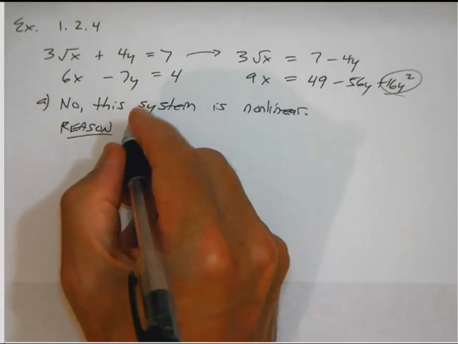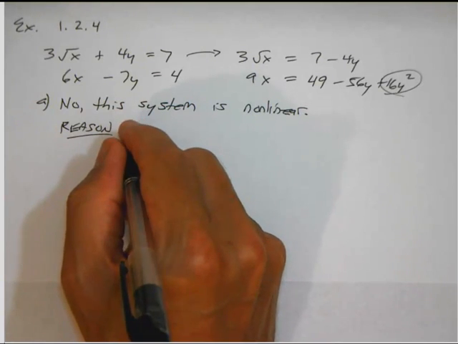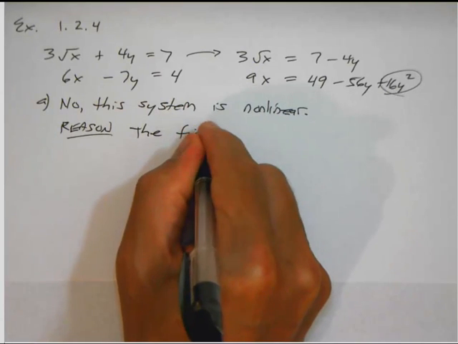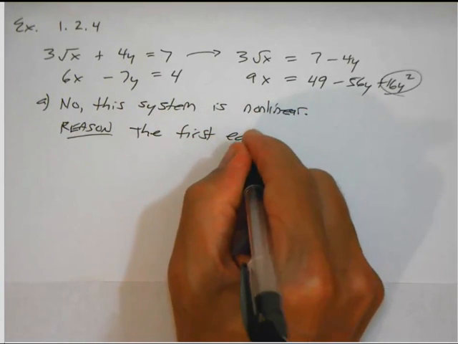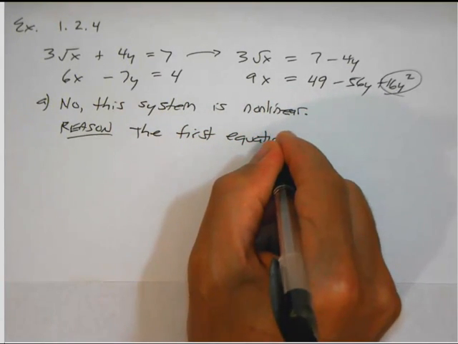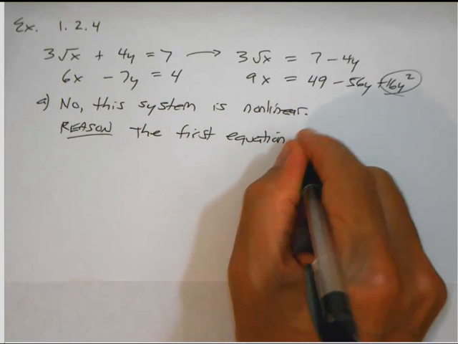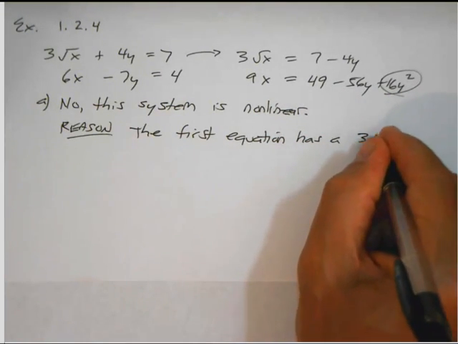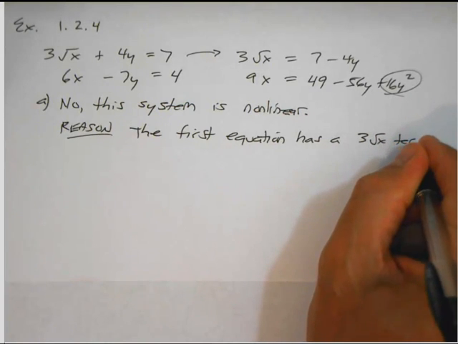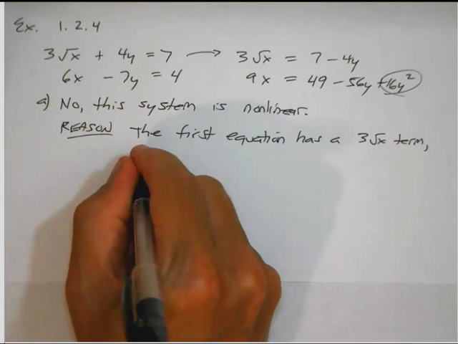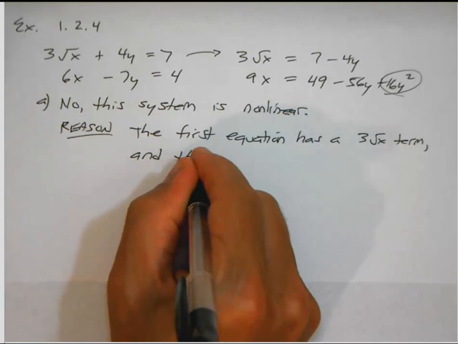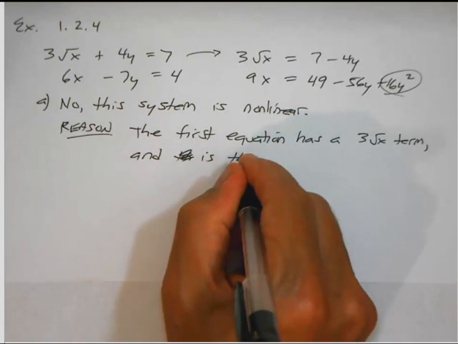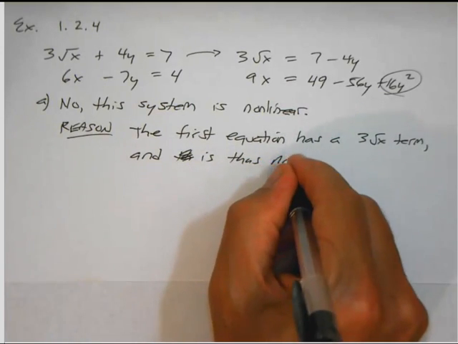That was what defeated it. So we could record: the first equation has a 3 square roots of x term, and is thus nonlinear.